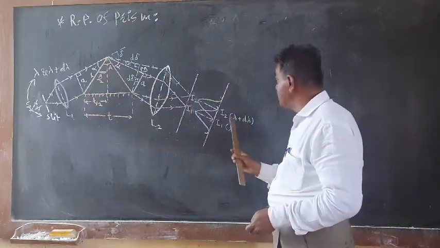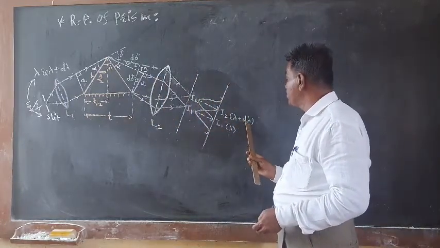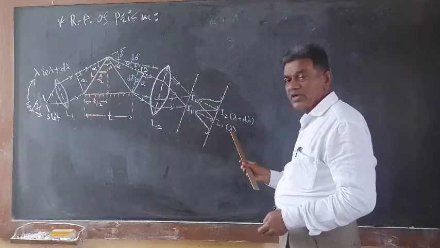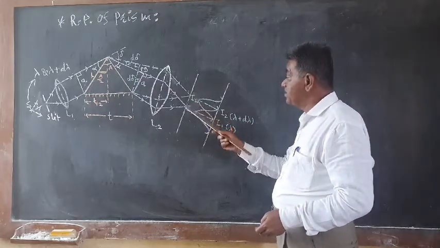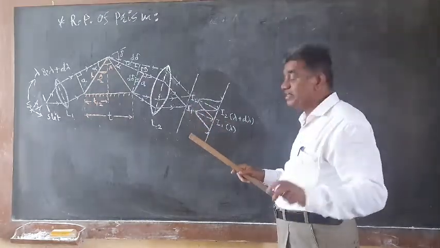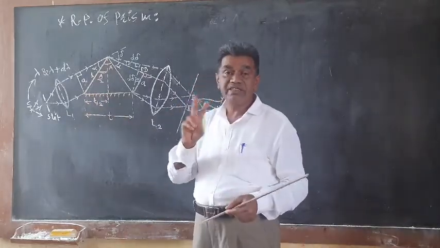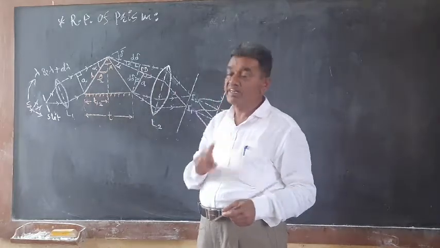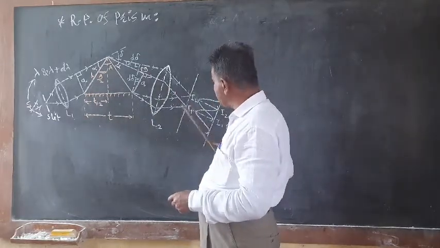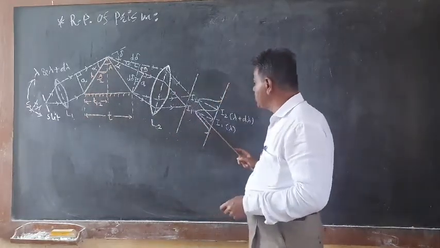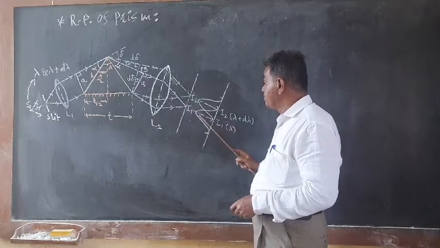I2 corresponds to lambda plus d lambda, and I1 corresponds to lambda. These are the images of the slit, or the two nearby spectral lines. If the source contains two wavelengths, we get two closed spectral lines, I1 and I2, and the corresponding diffraction patterns of I1 and I2 are also shown here.